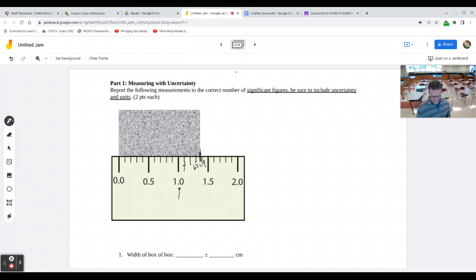Okay, so our reading here is 1.3, and then we have to estimate one additional digit in between the 3 and the 4. So for the purpose of this exercise, I'm going to say it's 1.35, halfway between 0.3 and 0.4.